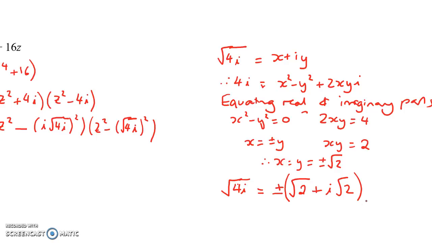Okay. And therefore we actually need i root 4i. So that's going to become minus plus root 2 minus i root 2.